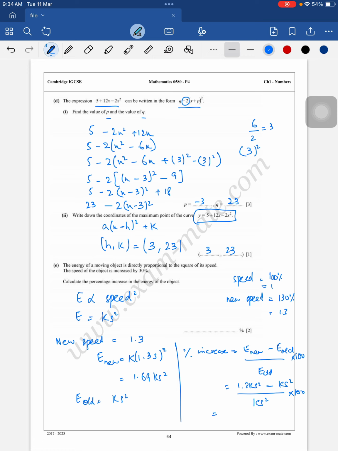Sorry, there's a mistake over here, it was 1.69. So 1.69 minus 1 is 0.69, and k s square upon k s square gets cancelled, multiplied by 100, which is equal to 69%.